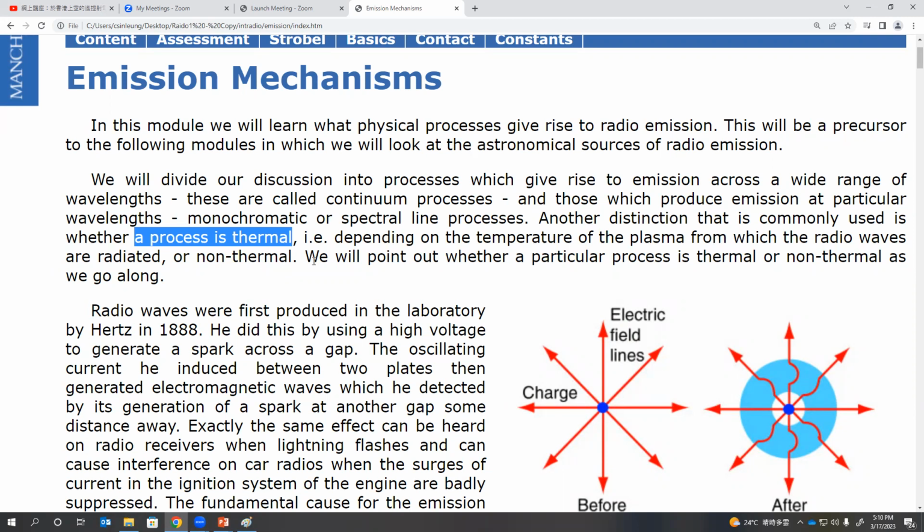So I will briefly introduce the process corresponding to thermal or non-thermal radiation. These are the simple emission mechanisms for those celestial bodies that we are interested in radio astronomy.